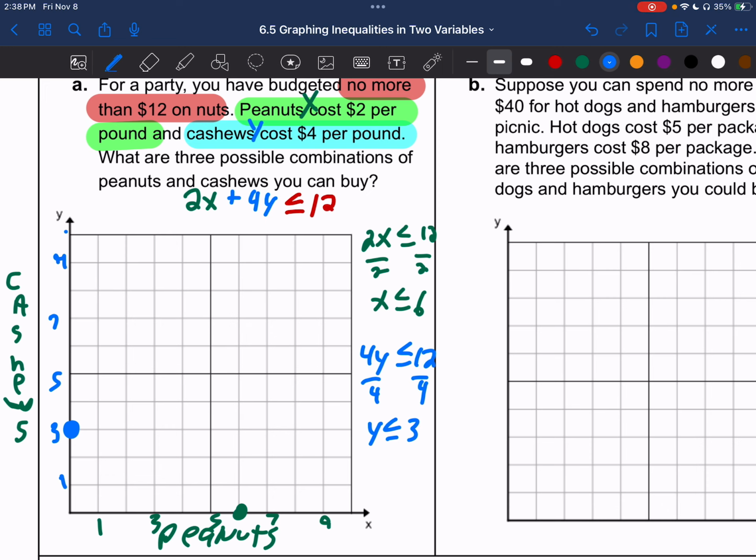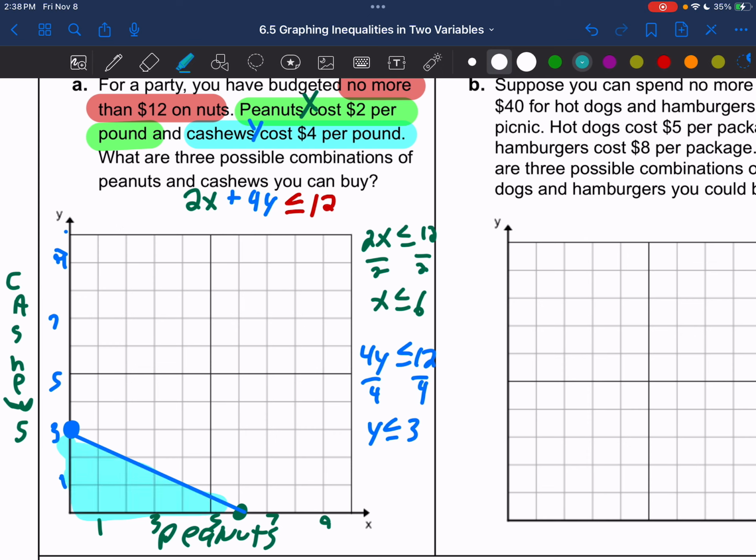All right, so let's graph this. All we need to do is connect our dots on our line, and we get that. We have this line, and we're going to shade below it.